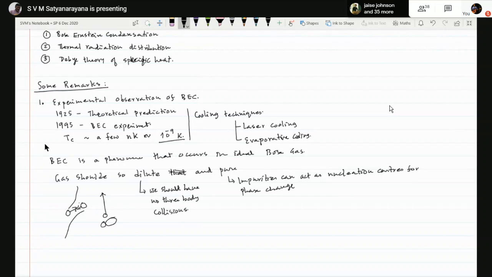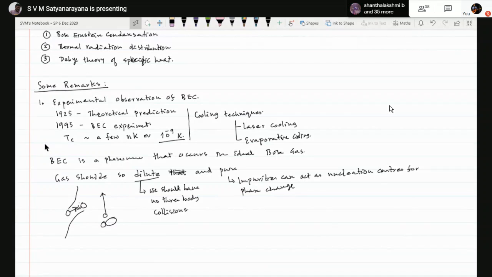One more particle can come and stick to that, and so on, and then the phase change can happen again. So you must make it so dilute that there are no three body collisions. That is important in starting itself.